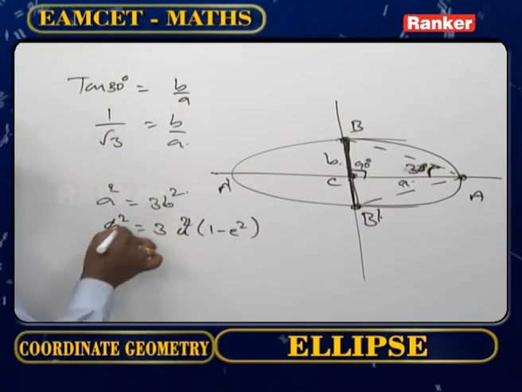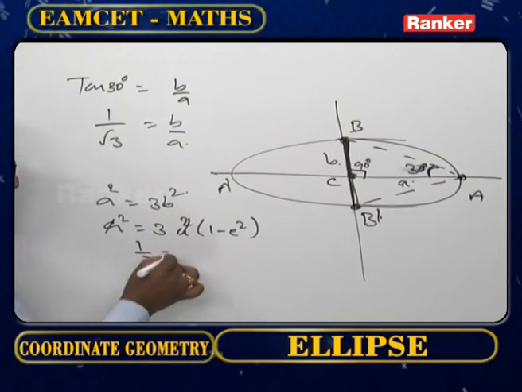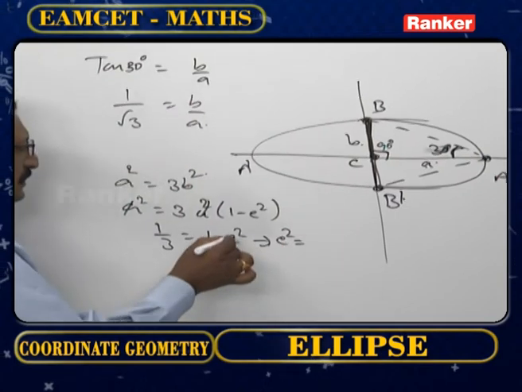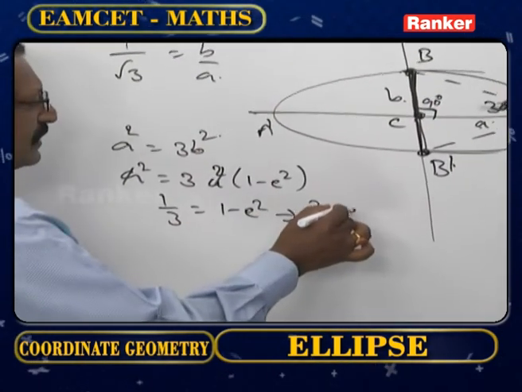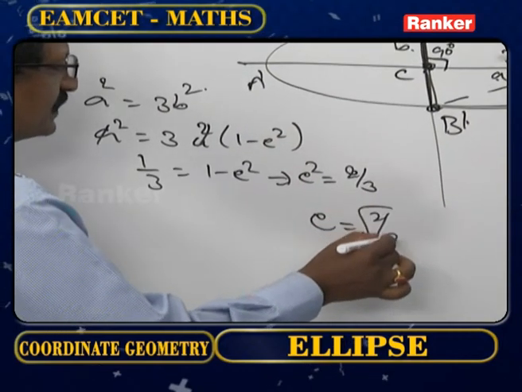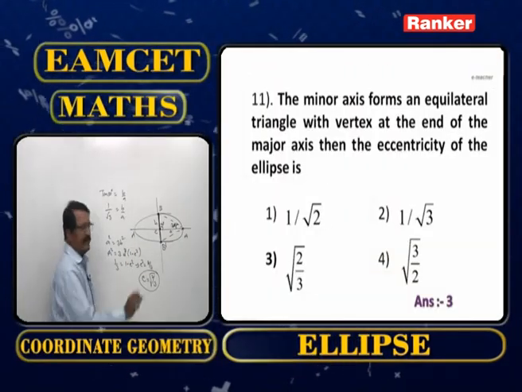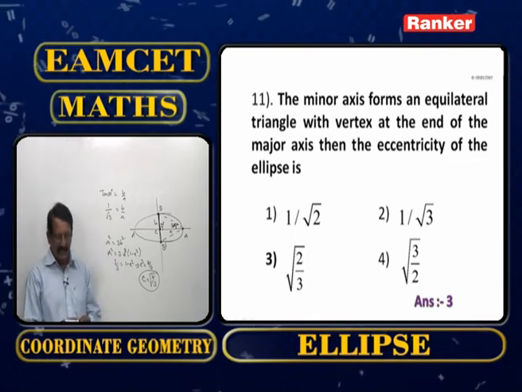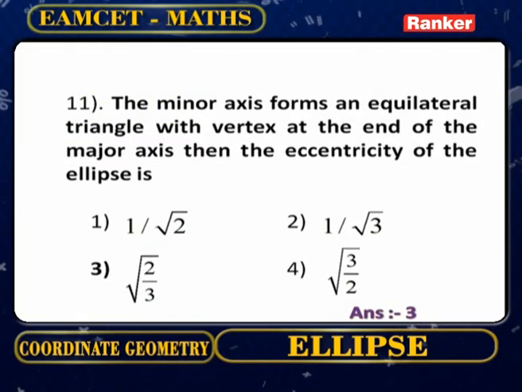A square cancels. 1 by 3 equals 1 minus e square, which implies e square equals 1 minus 1 by 3, or 2 by 3. Eccentricity e equals under root of 2 by 3. Then the second option is the correct one.